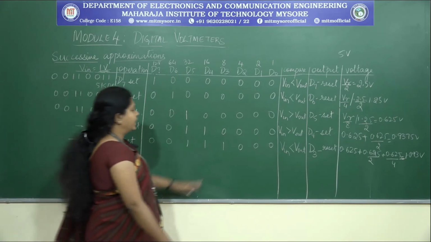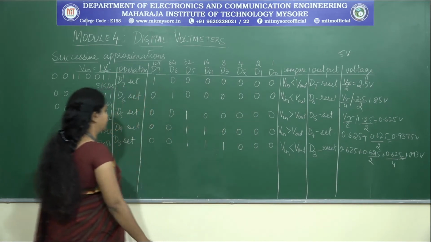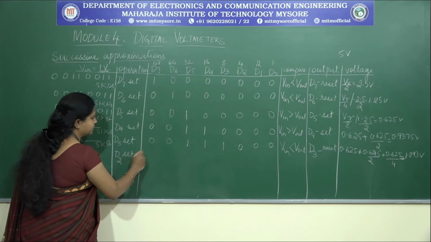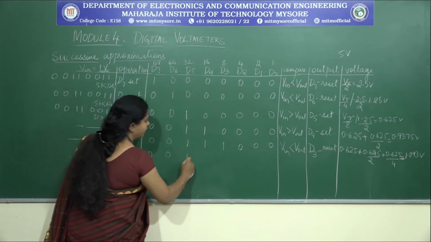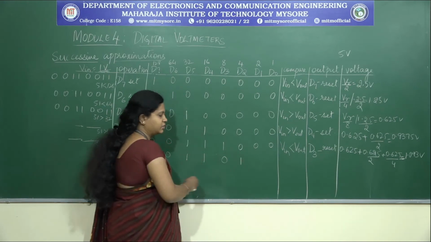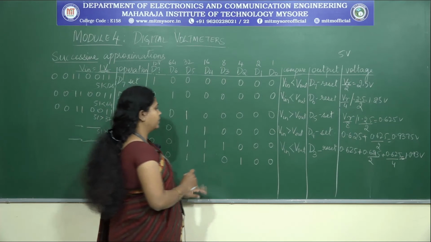Now, what happened here? V in is less than V out, so you have to reset the bit D3. So the next cycle what should you do? D2 should be set. 0, 0, 1, 1, reset bit 3 from the previous one, set the bit D2, 0, 0. Okay.